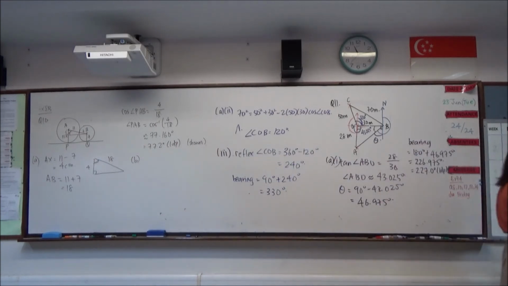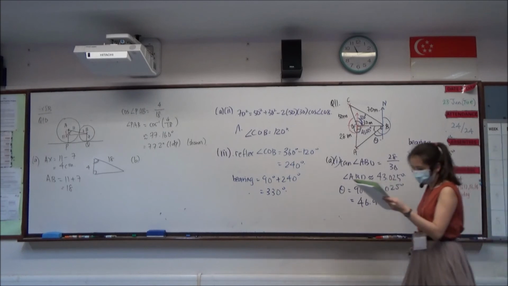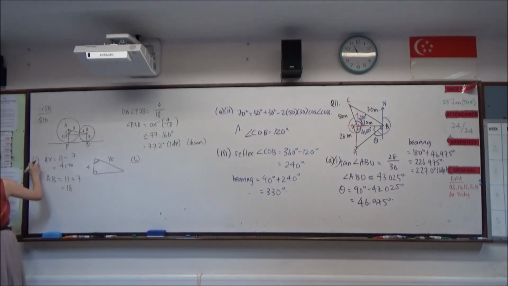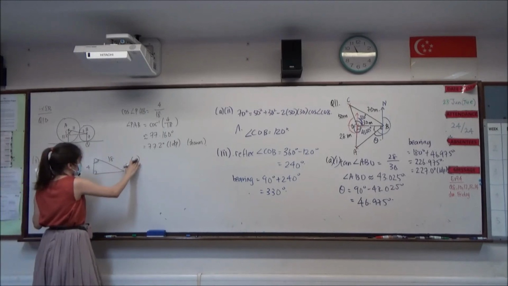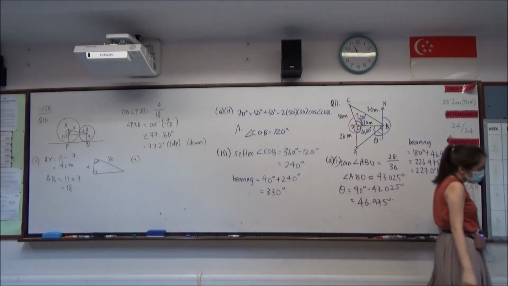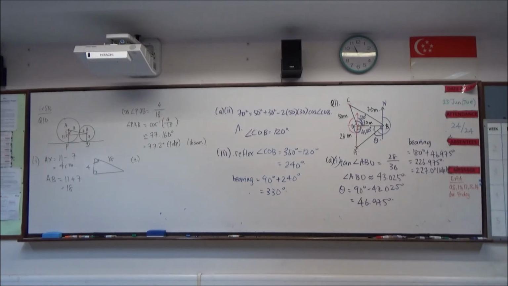Next, for part B, or rather part 2, we want to find the area of the shaded region. And the shaded region is in between the two circles.